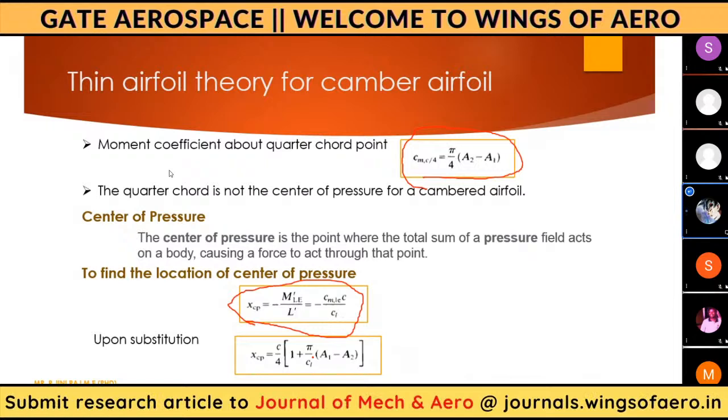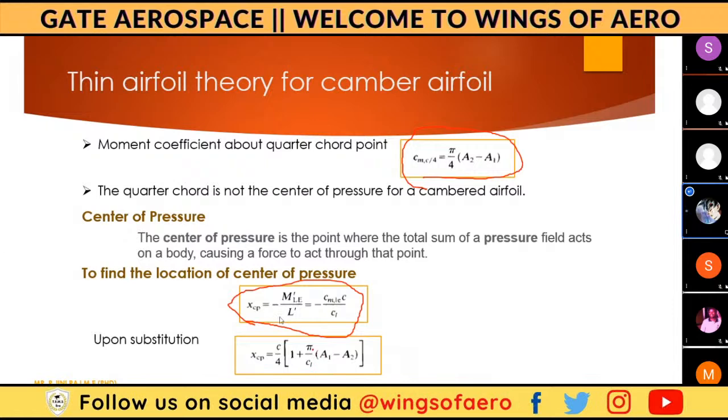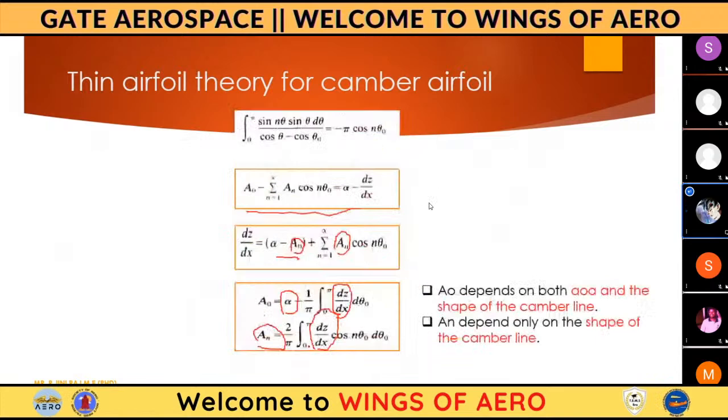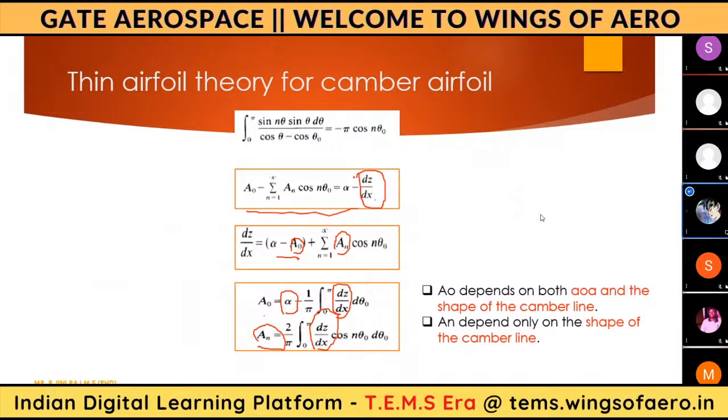We will be solving a problem relevant to that. The dz by dx term is there now. I have explained about the dz by dx term. This term denotes the shape of the mean camber line only.